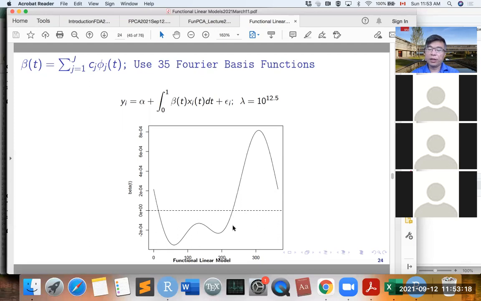You can see here the estimated beta(t) is much smoother, right? And you get some idea how the temperature is related to the annual precipitation. This point is around day 220, so around August.